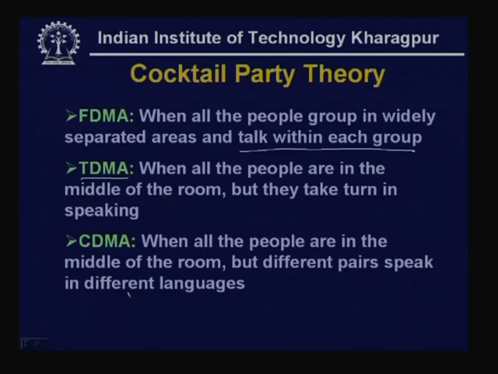Now, the third approach is very interesting, when all the people are in the middle of the room, but different pairs speak in different languages. It is not unusual that at an international conference, when the banquet dinner is going on, people from different countries will arrive there, and obviously when they group together they may be speaking in different languages.